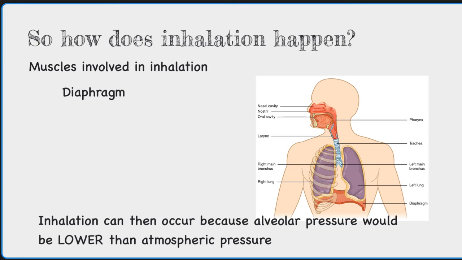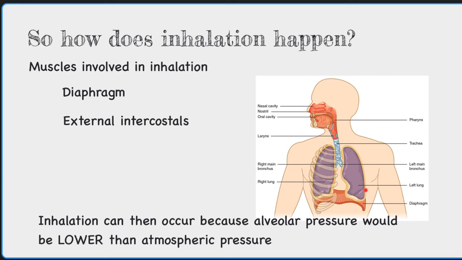There are also the external intercostals, which are attached to the rib cage. Those muscles, when they contract, are going to help lift up the ribs. This also expands the volume of the thoracic cavity. This accounts for about 25% of the air that enters the lungs during normal quiet breathing.